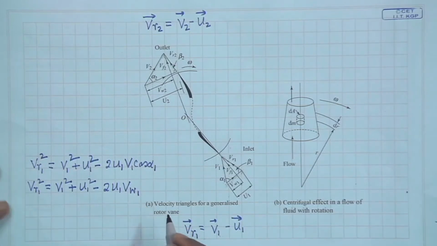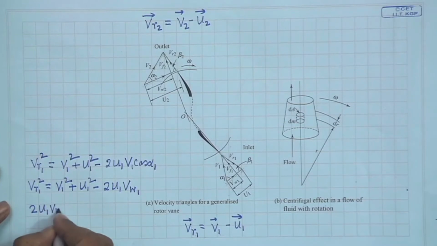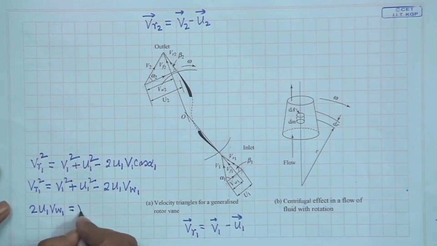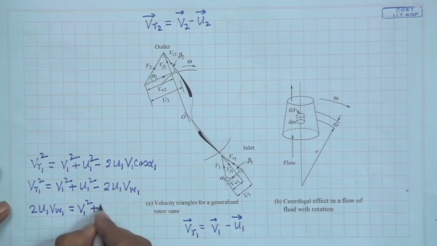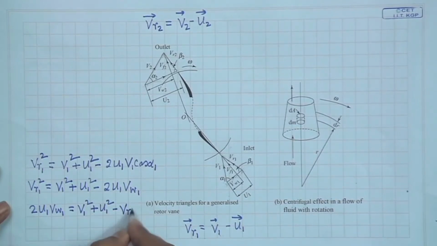Twice U1 V1 cos alpha 1, or one can write twice U1 VW1, is equal to V1 square plus U1 square minus VR1 square.